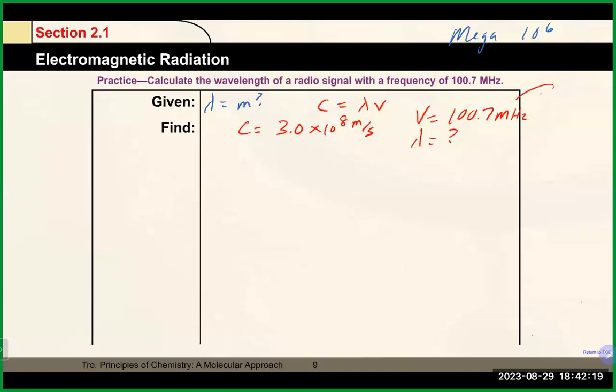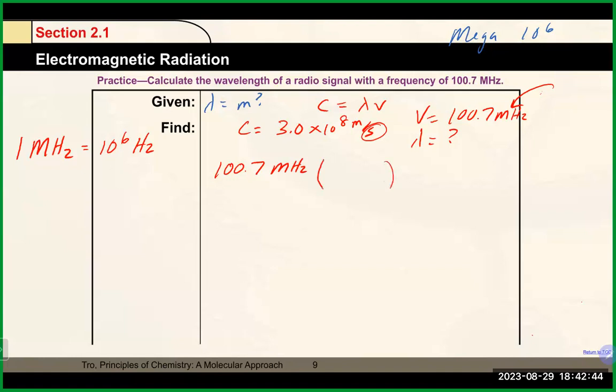I'm going to convert this into a more usable unit of frequency. So I'm going to take 100.7 megahertz. Mega is 10 to the 6. That would mean in one of the prefix units, which is megahertz, there would be 10 to the 6 hertz, which is 1 times 10 to the 6. So again, that is the correct way to use that conversion.